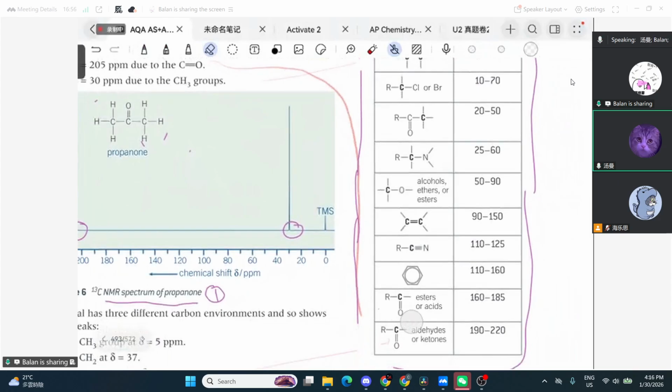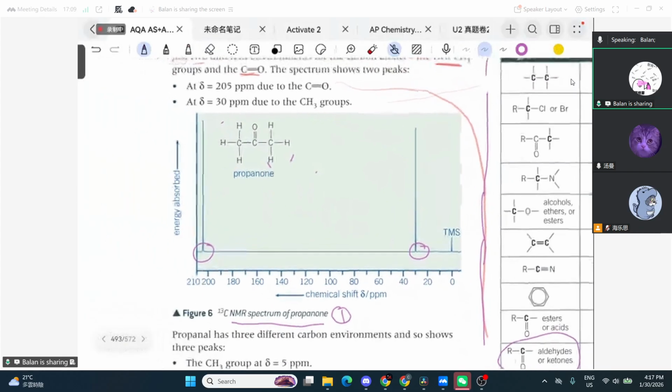Here, aldehydes or ketones, COR. This will give a chemical shift of about 190 to 220. So this CO carbon gives a chemical shift at 205.